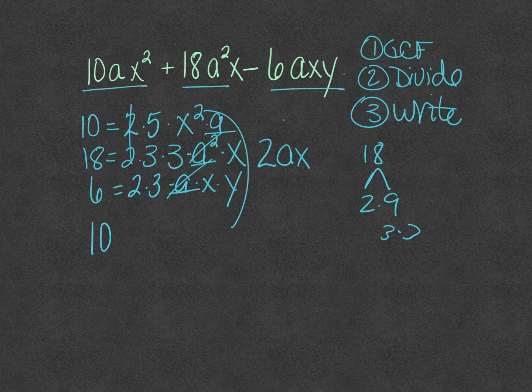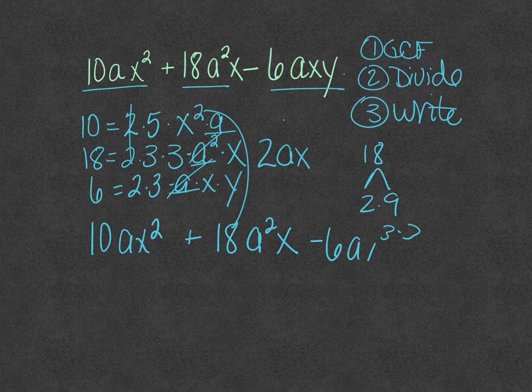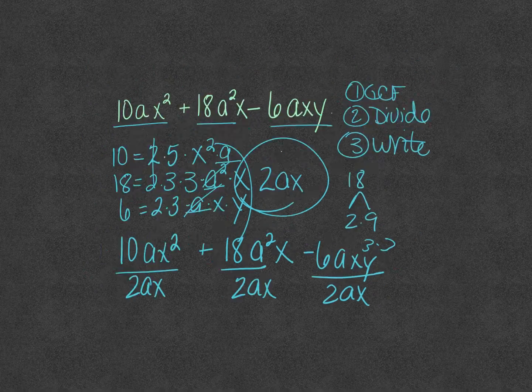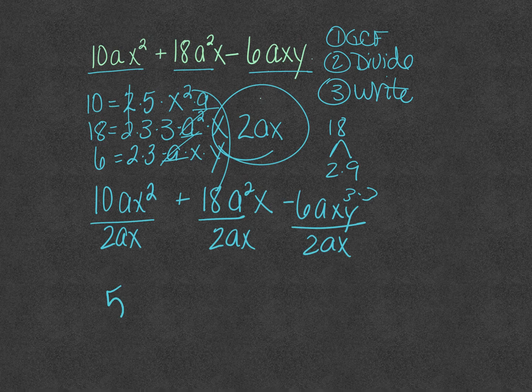Now I'm going to move on and do my division. So 10ax squared plus 18a squared x minus 6axy. I'm going to divide by 2ax. All right, 10 divided by 2 is 5.